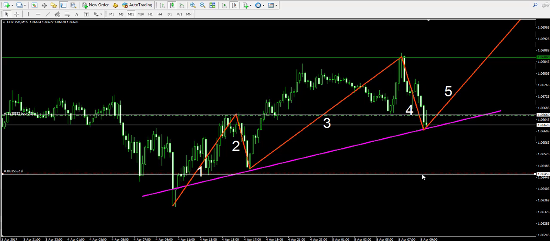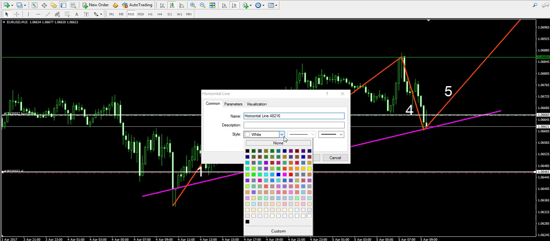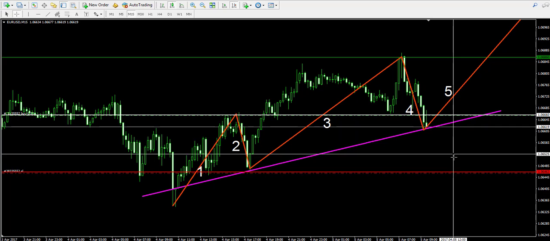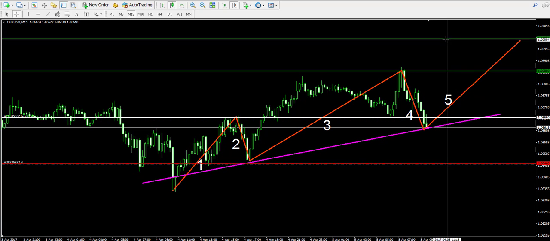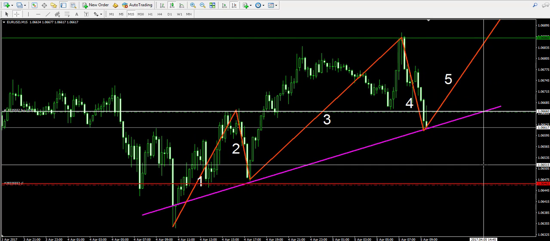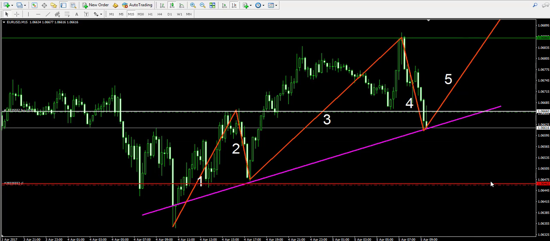And the stop loss order is approximately at 1.0646. This one I'm gonna mark with red over here. All right. So we have entry point, first target, second target at the 161.8 Fibonacci level, and at the psychological 1.07 resistance. I said the entry point and the stop loss order at 1.0646 approximately.